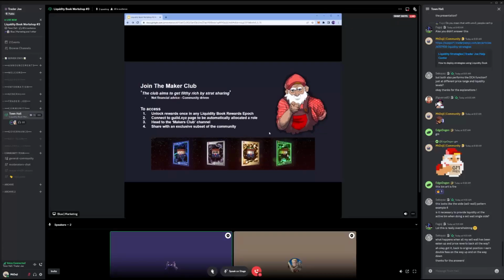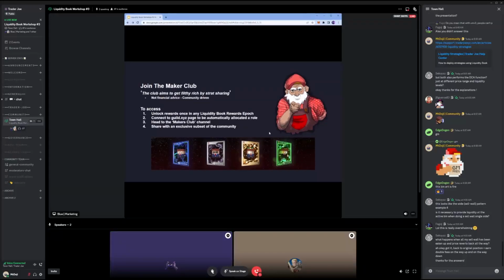To unlock access to this club channel in this Discord, to become a maker, and there are specific Discord roles for it, you need to unlock rewards in the Liquidity Book rewards program. We're on epoch 3.